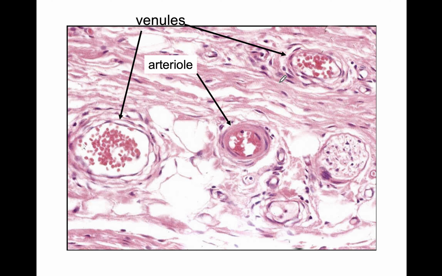So again here, this is the venule, this is the arteriole. You can see here we could not resolve the smooth muscle, whereas here we can see the smooth muscle. These small ones, all of these structures that we can see here, are capillaries.